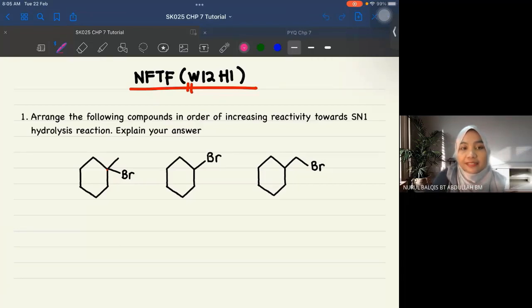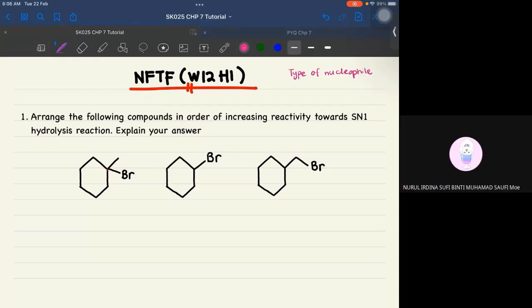Factors affecting dia. There are 2 factors affecting a type of mechanism. What are they? Strength of nucleophile. Yes, first kita tengok type of nucleophile. Lagi satu? Type and reactivity of alkyl halide.